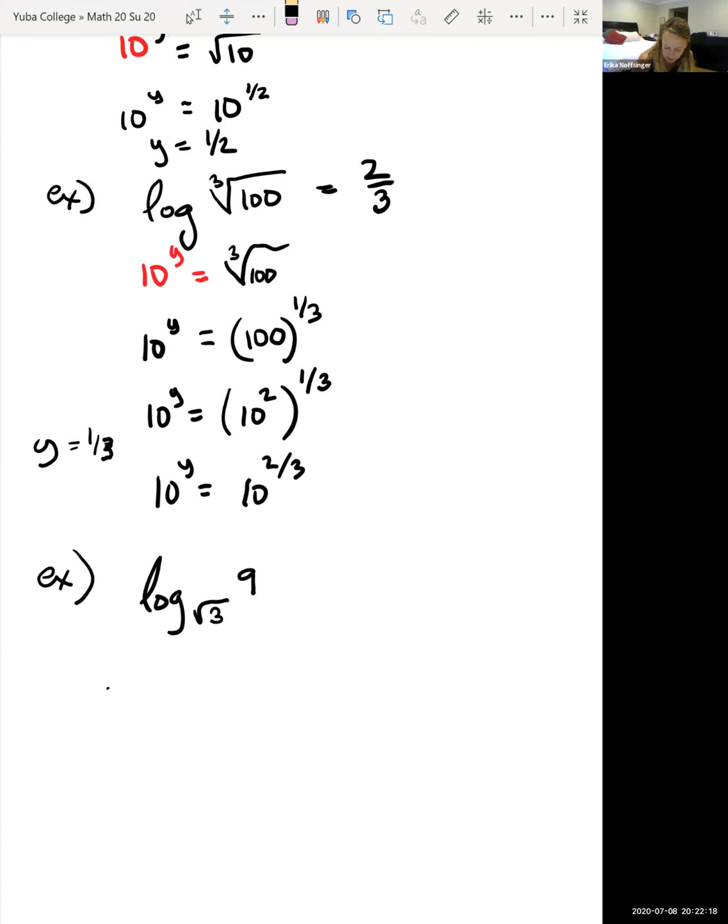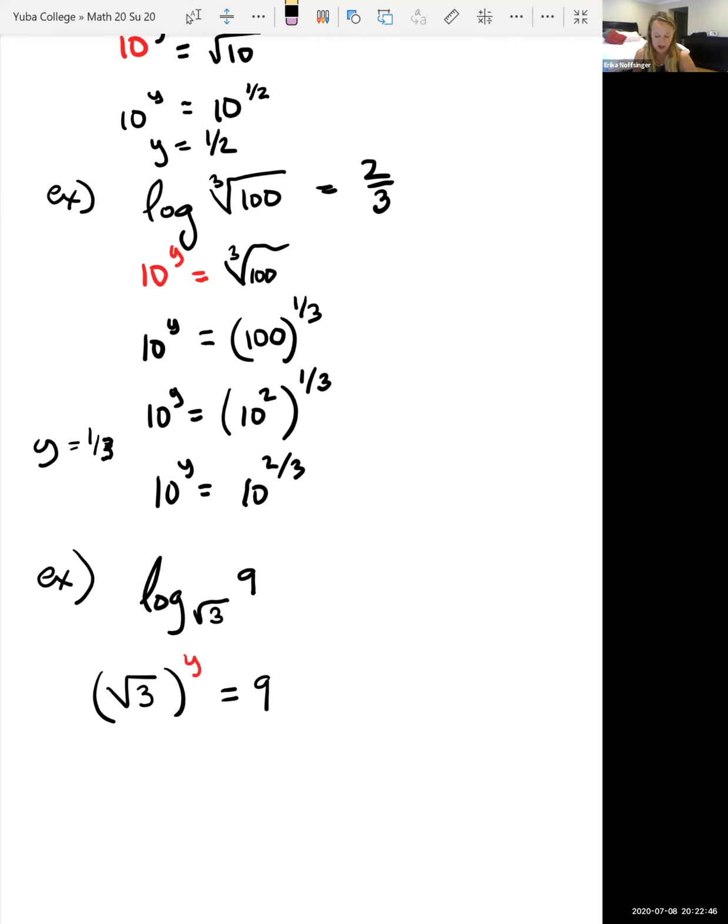That's what we're trying to figure out to get back that 9. So we want to use our rules: we can manipulate bases to be the same, and if an exponential equals an exponential, then we can set the exponents equal to each other.